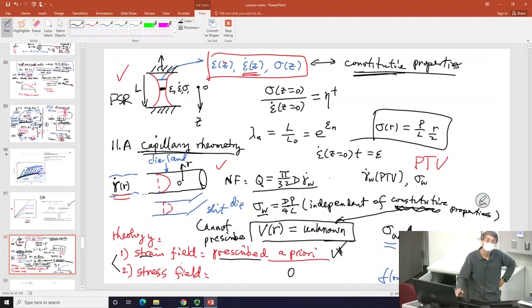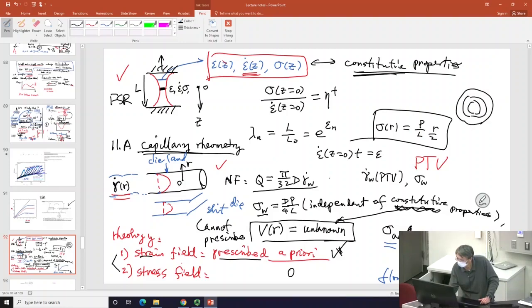As I move across different thicknesses, looking into the die, the stress is not constant. Remember, the problem that we're dealing with in shear banding is that we can confidently say that we have constant stress across the gap, yet it's shear banding.